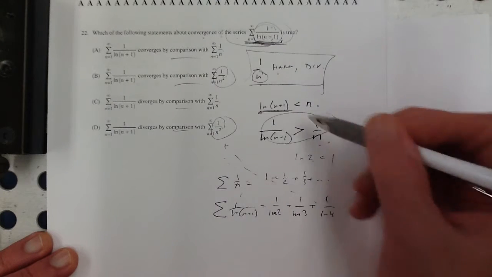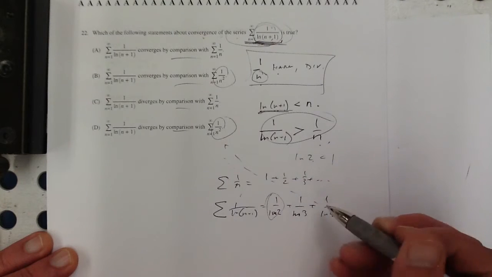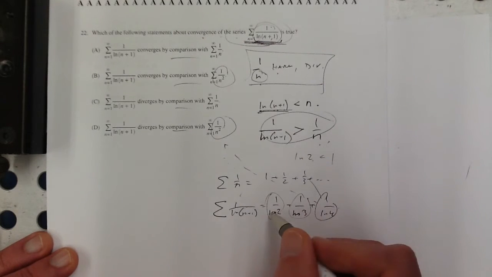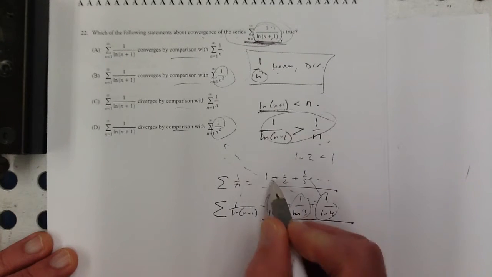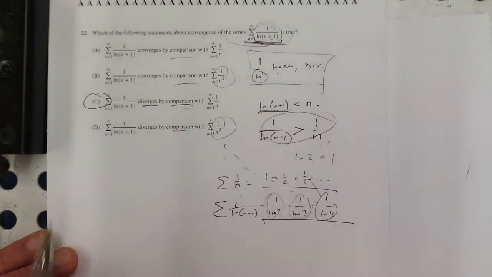What we have demonstrated here is that every single time this is bigger, and if all of these are bigger and this diverges, then this has to diverge also, because every single term is bigger than this other series that also diverges. So it diverges by comparison.